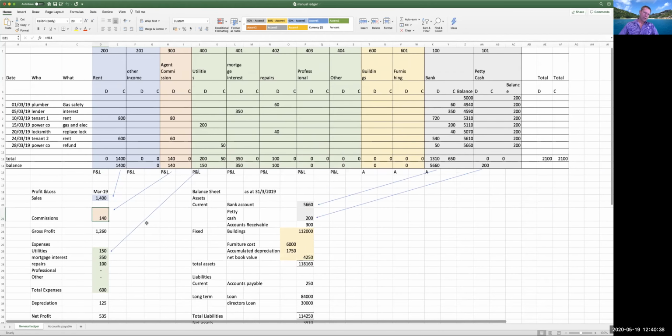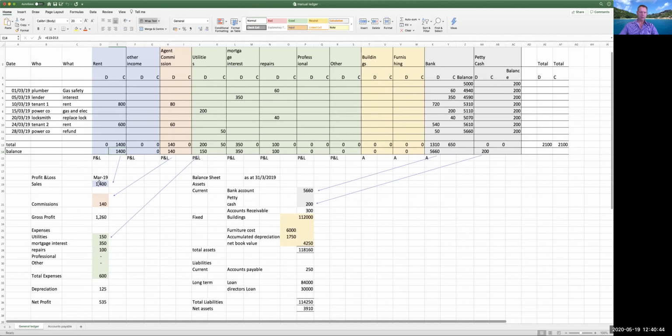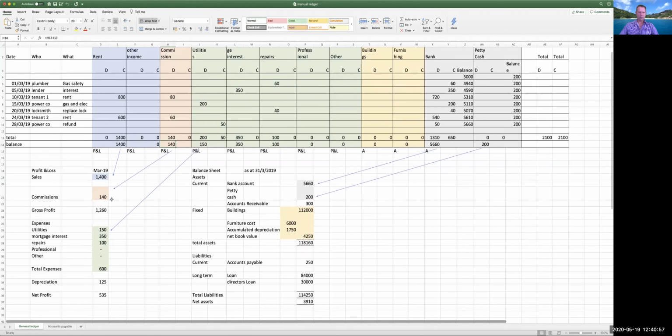So when we're having a look at this, we look at the sales, and we know that the sales account, the rent account, goes into the sales part of the profit and loss. And you can see that quite clearly there, color-coded with an arrow showing exactly that balance goes there. Okay, this balance of commissions goes there.